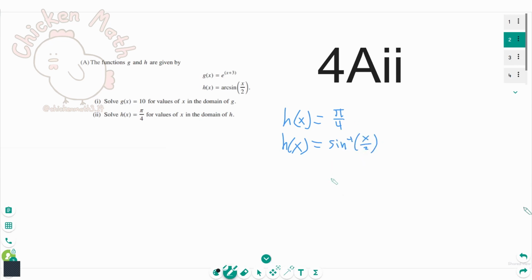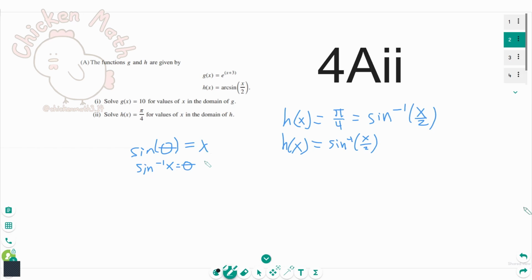From this, we can write this as sine inverse of x over 2. So we can use our inverse trig properties now as functions, where we know that sine theta is equal to x, and that sine inverse of x is equal to theta.